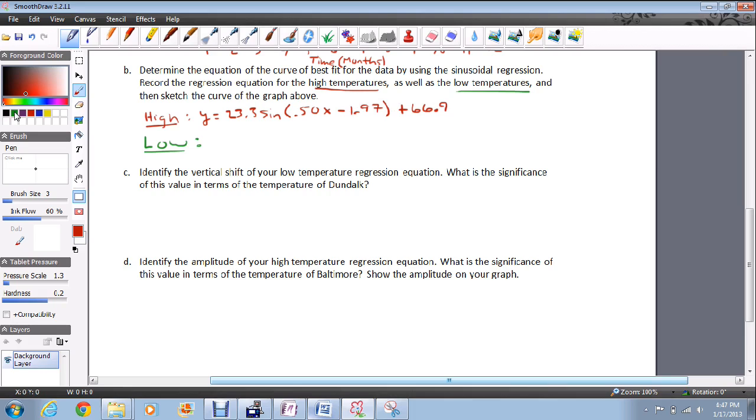Our average low was y equals 21.6 sine of 0.53 x minus 2.23 plus 50.8.